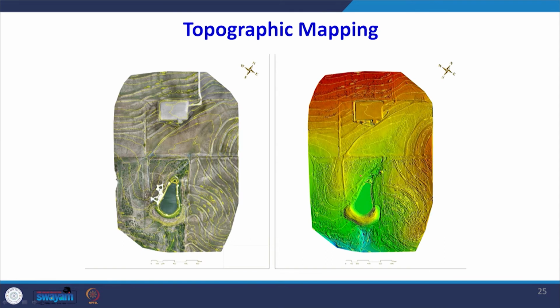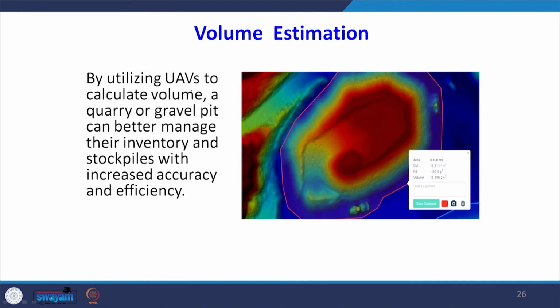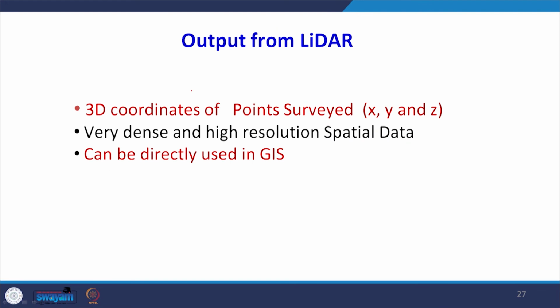It is used for topographical mapping. You can see a water pond very clearly. You can see this square land also very clearly. As I told you, volumetric estimation is done very quickly. Once you have the data in the form of contours, then you can calculate the volume.